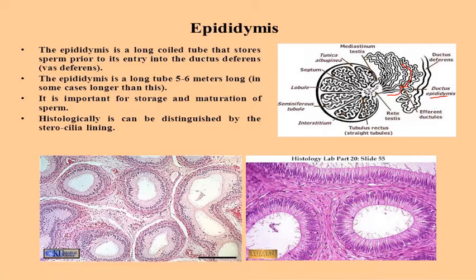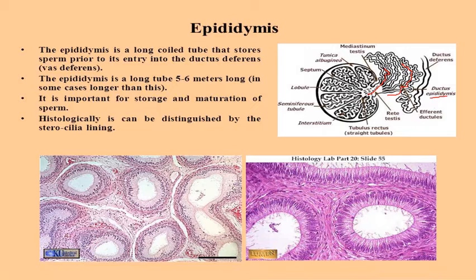These structures are responsible for storing all those sperms which are produced by the seminiferous tubules, and they are going inside this epididymis structure, and the epididymis will store them until they get matured or are to be transferred to the vasa deferens or ductus deferens. Before moving towards the ductus deferens, they have to be stored somewhere, so they are stored inside the structure known as the epididymis.